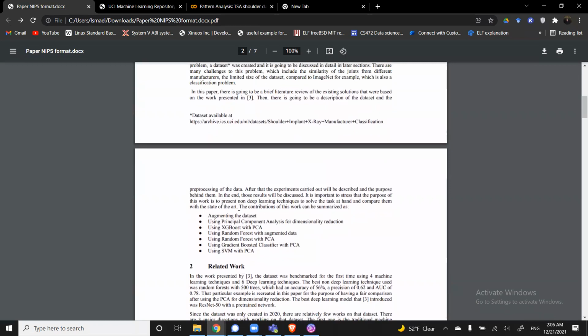What I did was augment the data set, and then I used principal component analysis for dimensionality reduction. Then I used the random forest with the augmented data, I used the random forest classifier with the data processed with the PCA, I used the gradient boosted classifier with the PCA data, and I used the SVM with the PCA data.